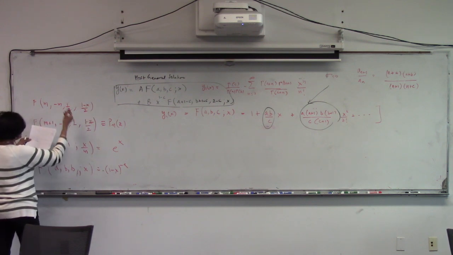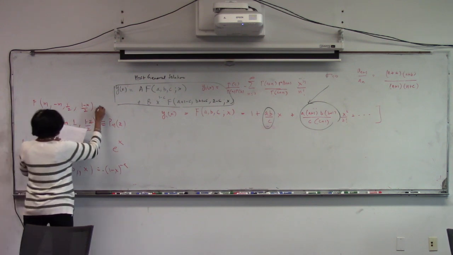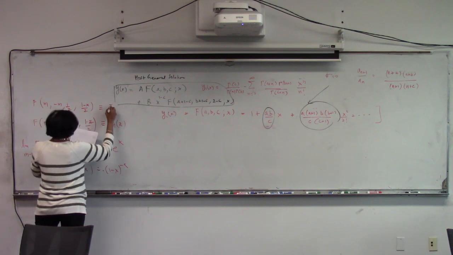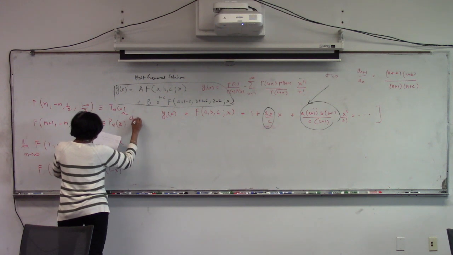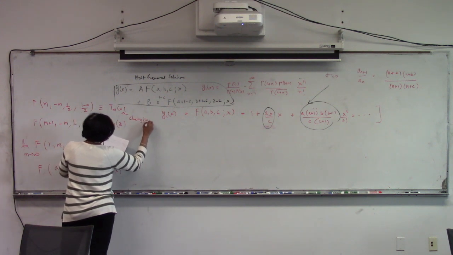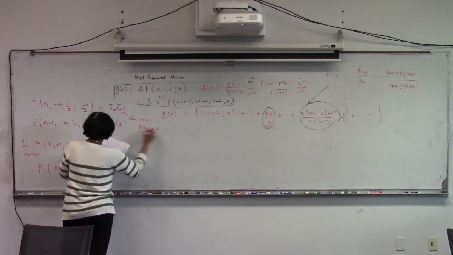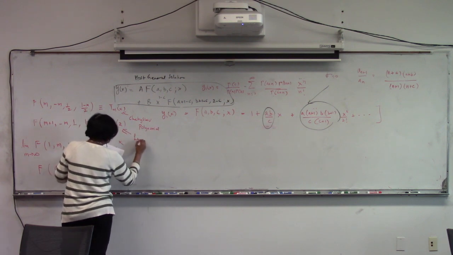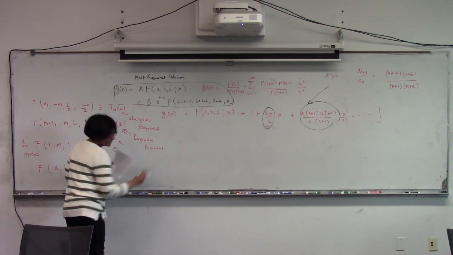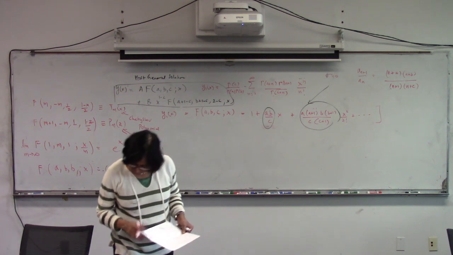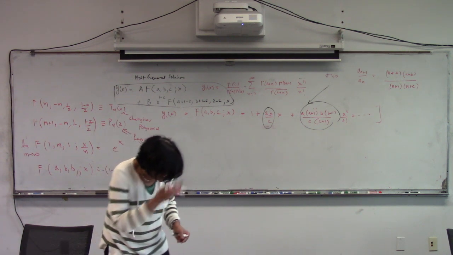That gives you the Chebyshev differential equation, and the polynomial is called Chebyshev polynomial. This is the Legendre polynomial that we have done. I just want to give you that.